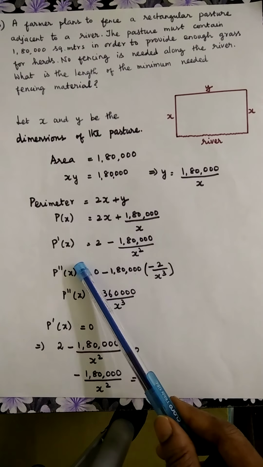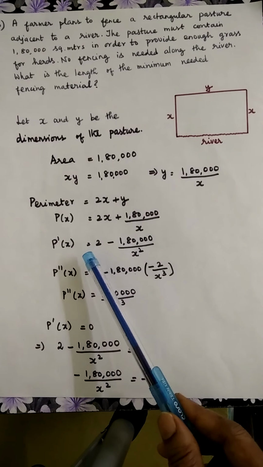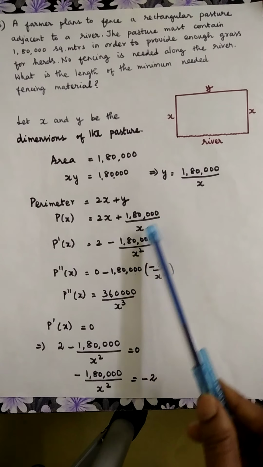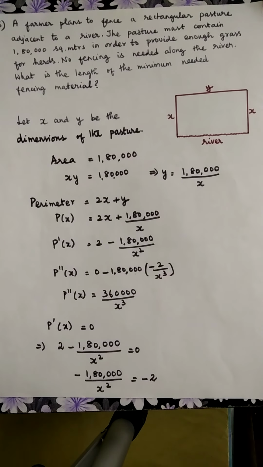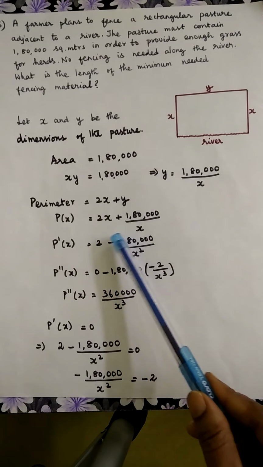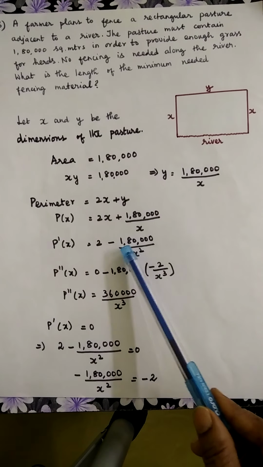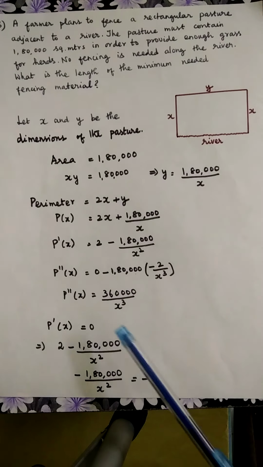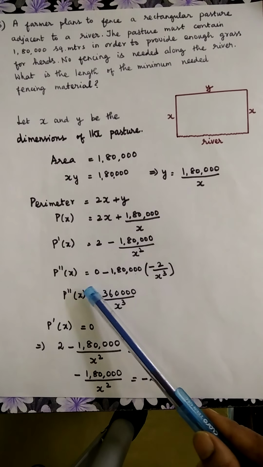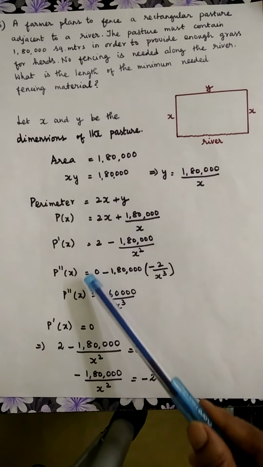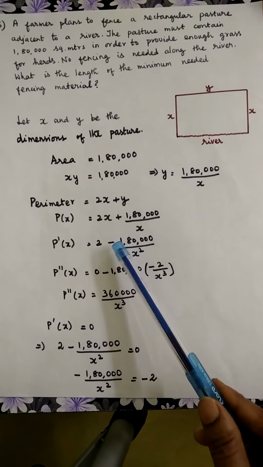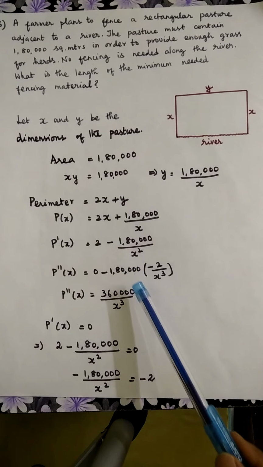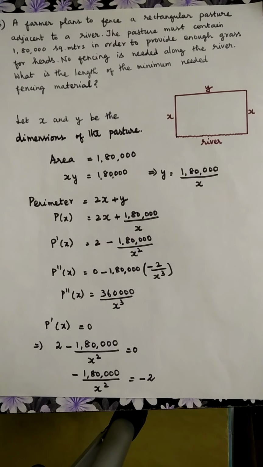P dash of x equal to derivative of 2x is 2, plus 1,80,000. Derivative of 1 by x is minus 1 by x square. So we get here minus sign. Minus 1,80,000 by x square. Again differentiating. P double dash of x equal to derivative of 2 is 0, and minus 1,80,000. And derivative of 1 by x square is minus 2 by x cube.